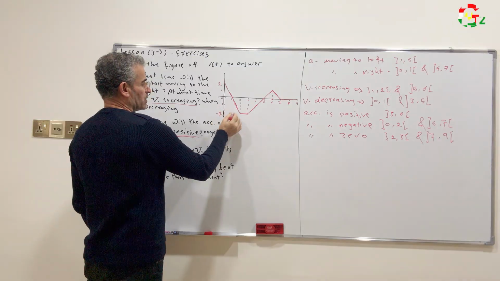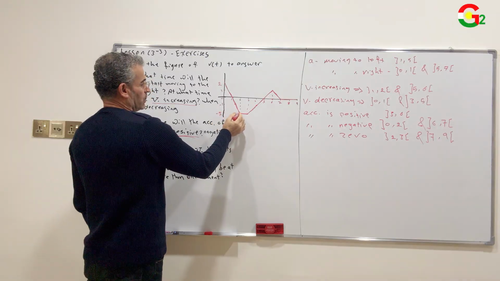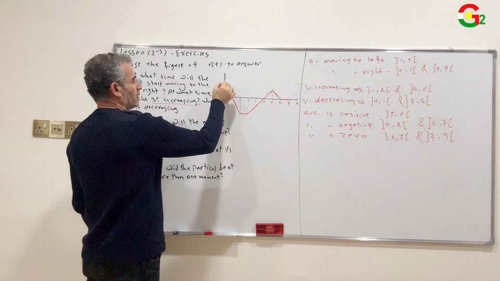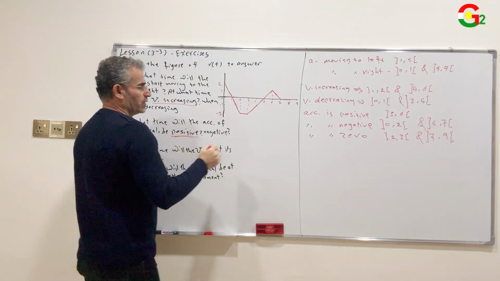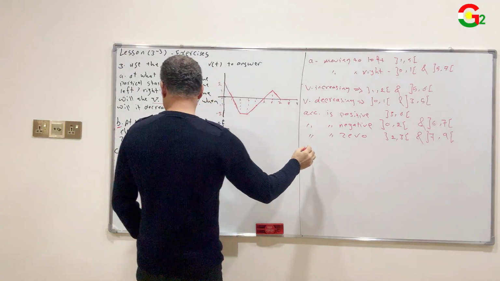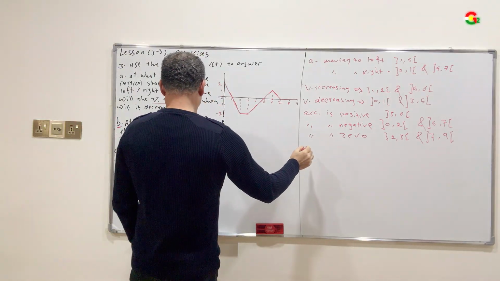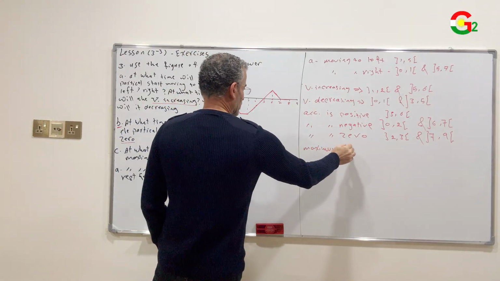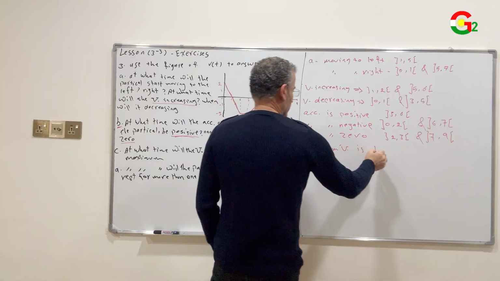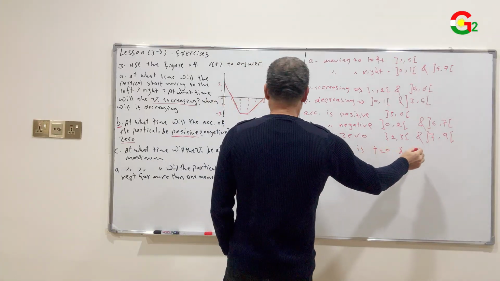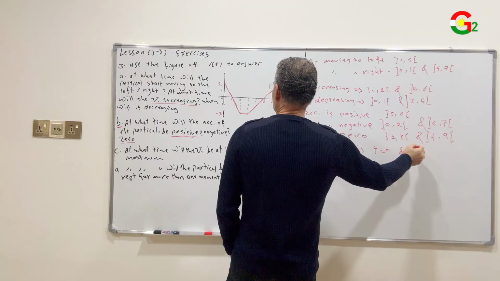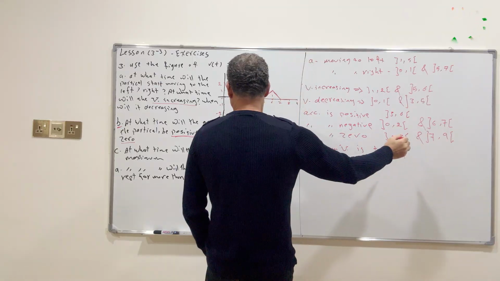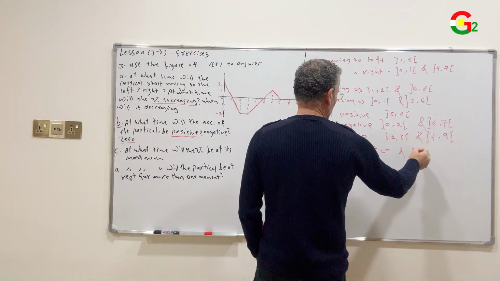The particle reaches negative 2, moves left, and at t equals 0. Therefore, the maximum velocity is when t equals 0 and t is between 2 and 3.